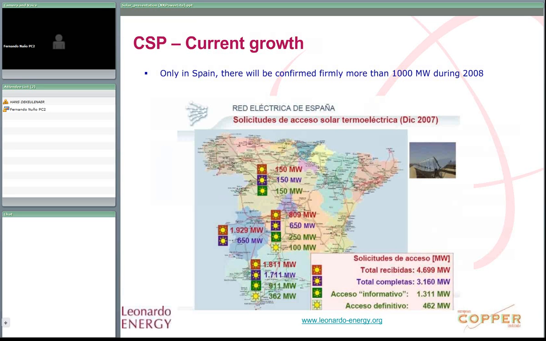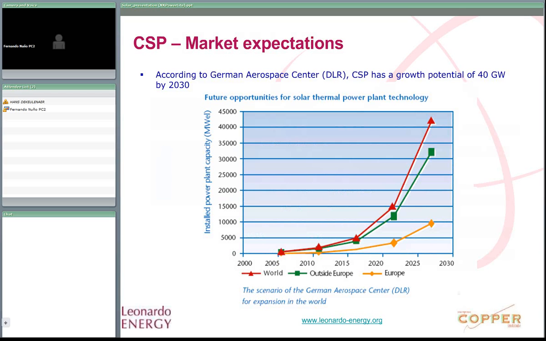What about the market, the current growth? So only in Spain there will be confirmed firmly more than 1,000 megawatts during 2008, and there are requests for roughly 5,000 megawatts. The market expectations some years ago, according to German Aerospace Center, was something like 40 gigawatts by 2030.